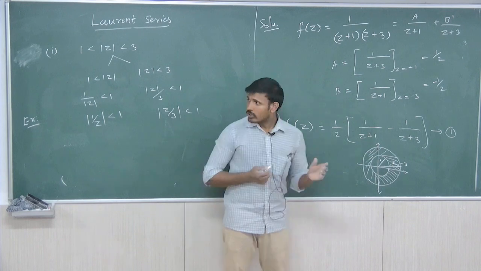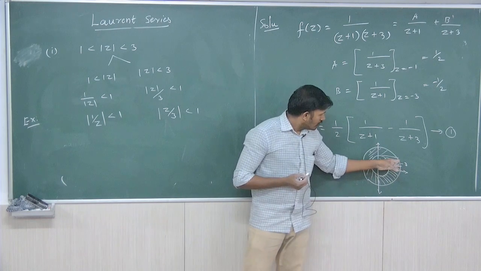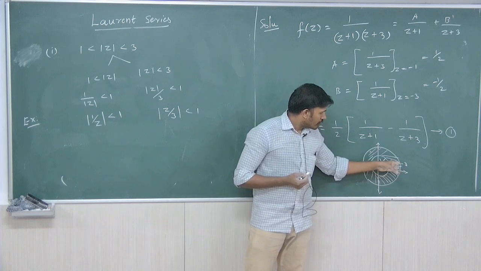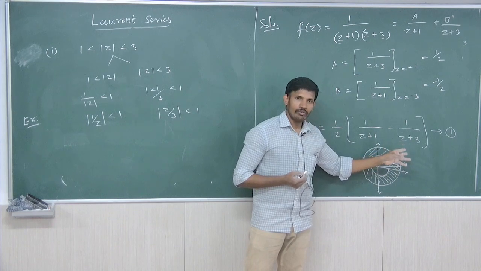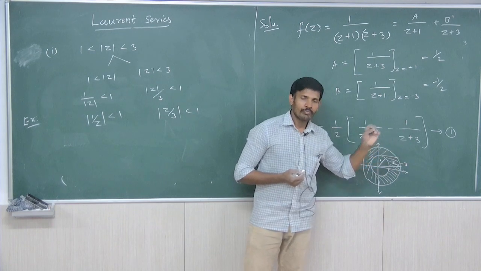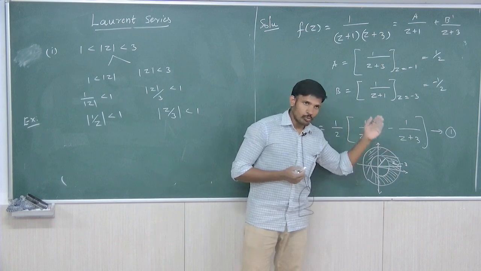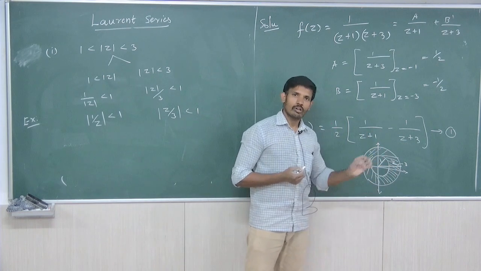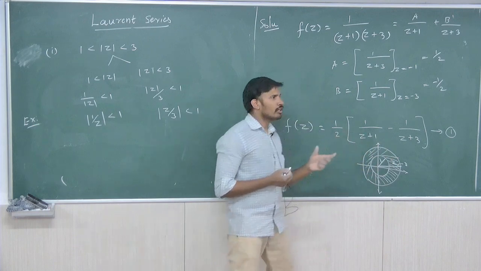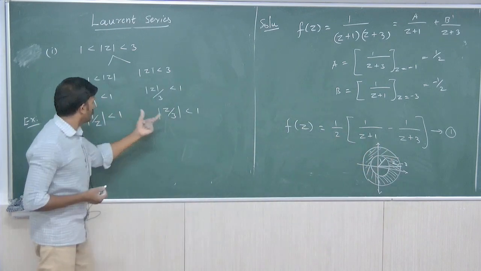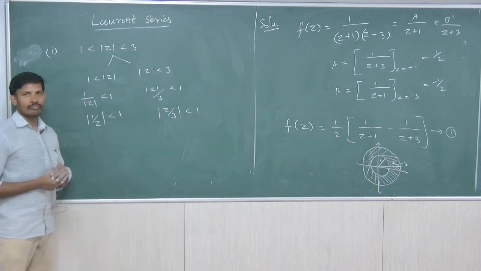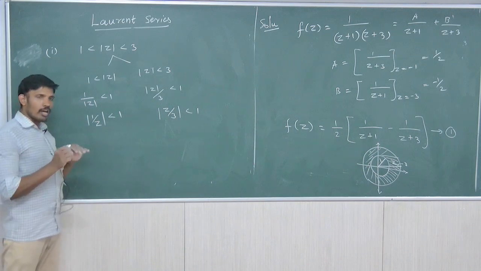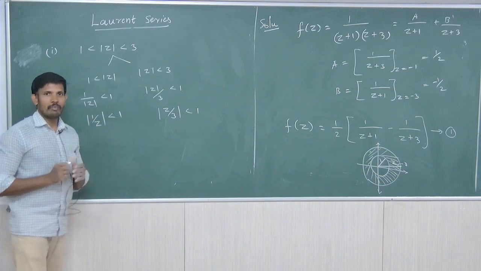Similarly, suppose you take z equal to 2.5, what is 2.5 divided by 3? That value is also less than 1. Why are we finding this inequality? Because now I am going to apply binomial expansion.